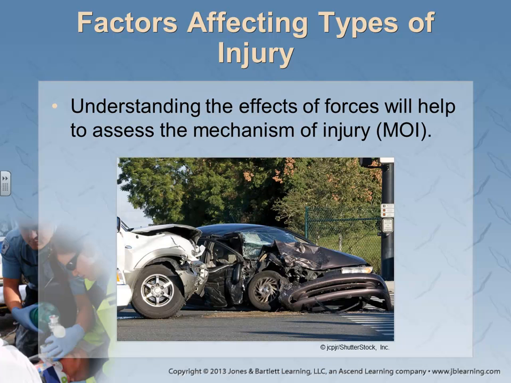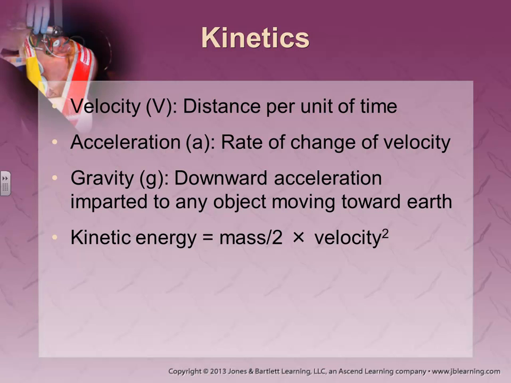Because if you have two objects going at a certain speed, those two speeds combine, all right? So we're looking at the size, how fast, and the typical injury patterns we would expect with this type of vehicle collision.